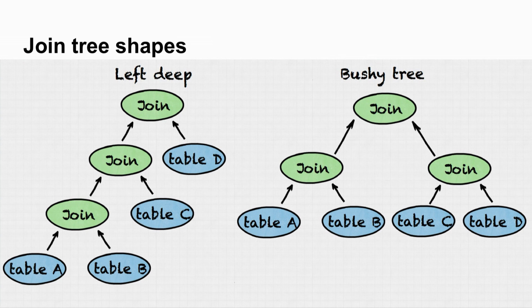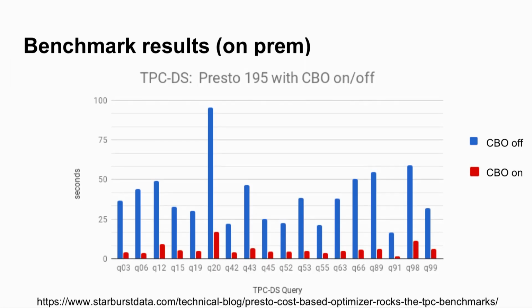So now with all of these optimizations, you're probably curious, okay, what did we actually achieve? We ran a lot of benchmarks to understand the impact of the optimizer. One of those benchmarks, which is pretty standard, is TPC-DS. It consists of 99 queries.